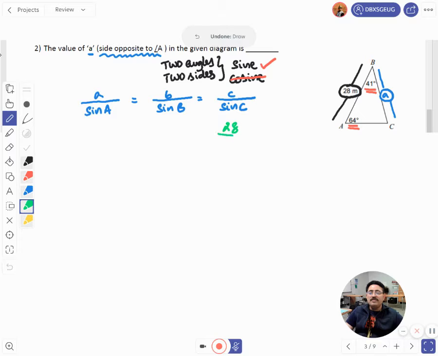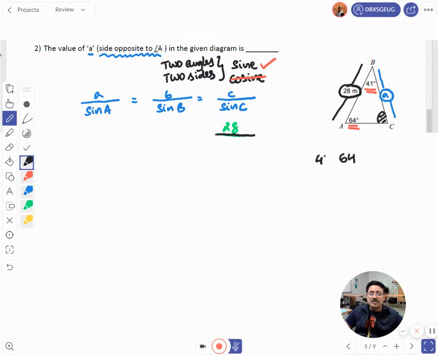Then the denominator is sine C. So this time, angle C. Oh my gosh, I don't know what the angle is here. What to do? Nothing to panic about, because we know that the sum of the three angles of a triangle is 180. These two angles are given, 64 and 41. Let me write properly so that you will not have any trouble.